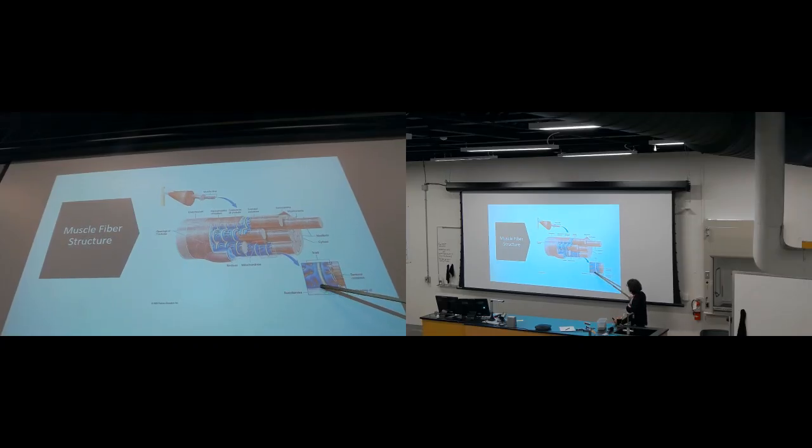This widening of the sarcoplasmic reticulum is called the terminal cisternae, so that you can have an electrical signal going from the surface of the cell deep into the cell, and this electrical signal will open channels that we have here in the terminal cisternae, channels for calcium.